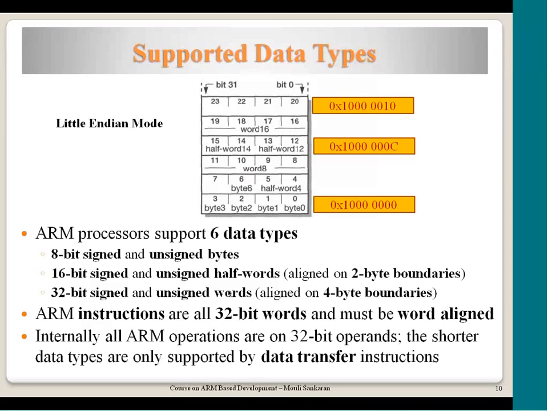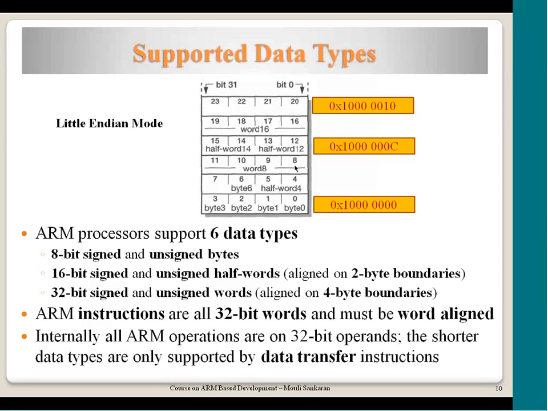Now 32-bit data types need to start on 4-byte boundaries. That means it has to be either on 0, 4 or 8. Now you can see that the word here starts from 8. It can't start from somewhere in the middle and then go to the higher byte. So these 4 bytes cannot form a word. So when the processor is accessing a 32-bit word from memory, it will always assume that the lowest 2 bits of the address are 0.